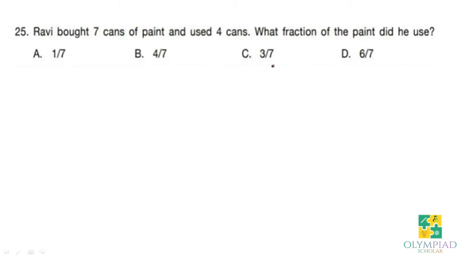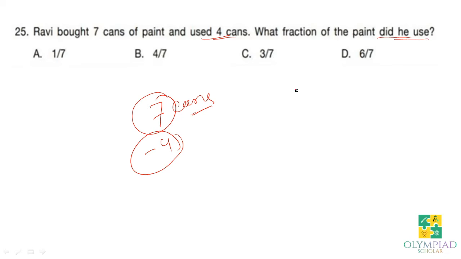Okay, so question number 25, Robbie bought 7 cans of paint and used 4 cans. Used 4 cans means 4 cans she used. What fraction of the paint actually was used? So used means 4 out of 7.